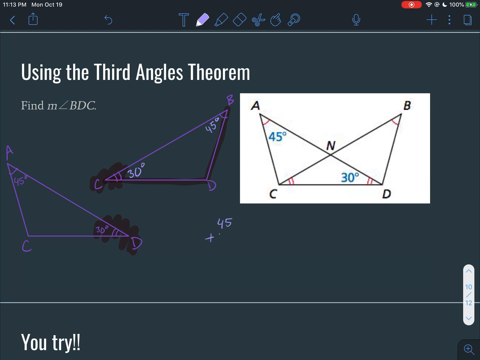So 45 plus 30 is 75. And 180 minus 75 is 105. Okay.